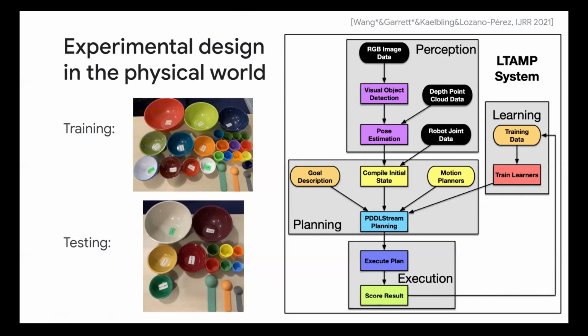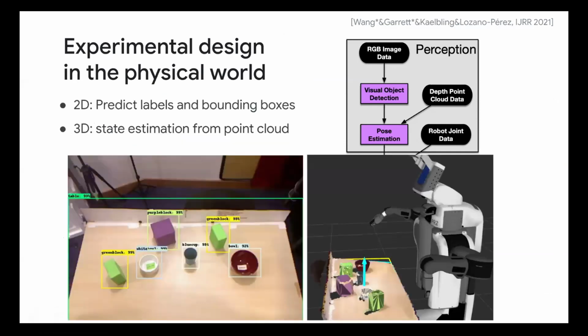It might look very complicated, but we are going to explain it one section at a time. So we call this particular system LTAMP because it stands for Learning and Task and Motion Planning, since it involves the learning component as well as the planning component that acts both on the task level and on the motion level. All right, so let's decompose it to understand a bit better.